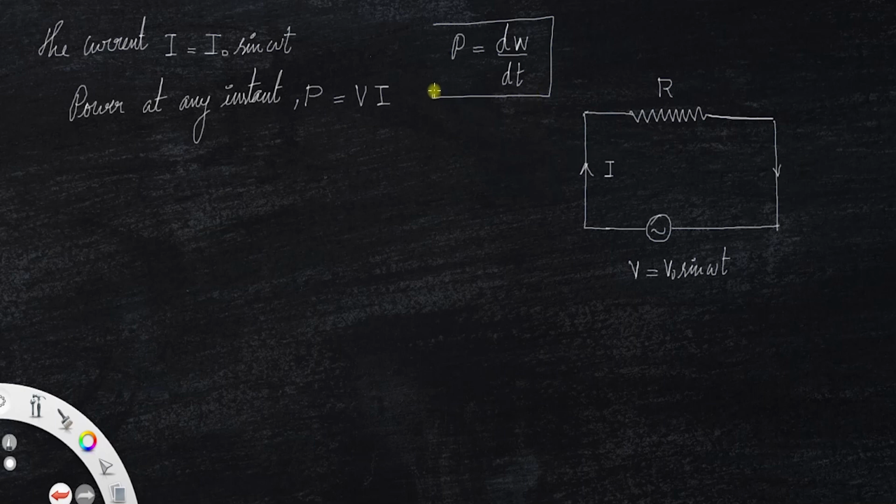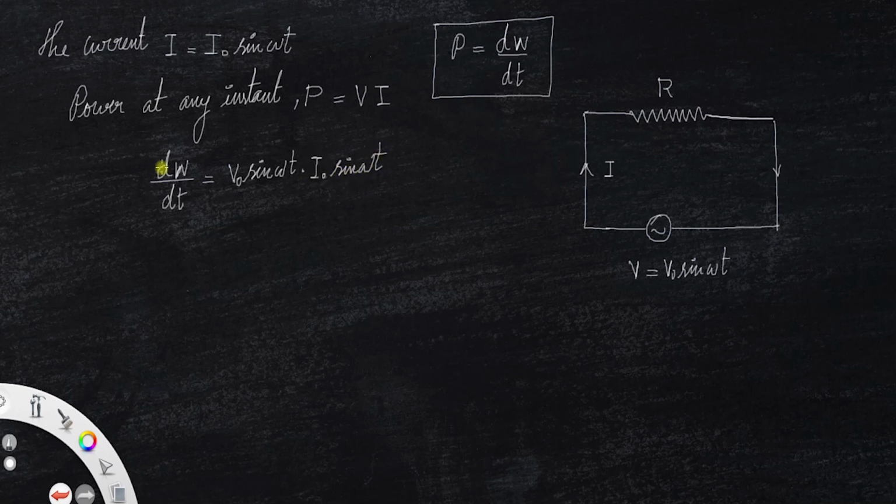Work done per unit time is defined as power. So I can replace this P with dW by dt. So dW by dt is equal to V0 sine omega t into I0 sine omega t.